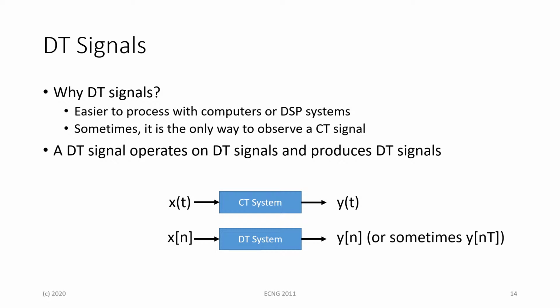So a discretized time system will only operate on discretized time signals, and a discretized time system will only produce discretized time signals as well. Oh, one correction to the slide as I'm here.